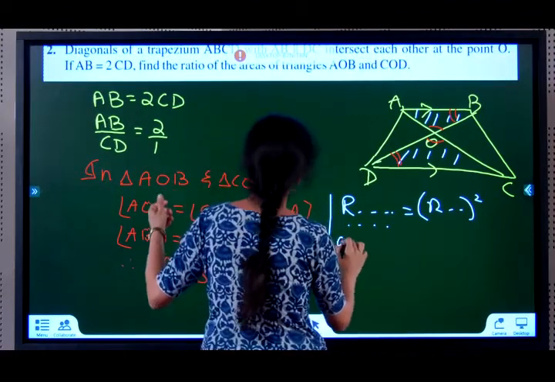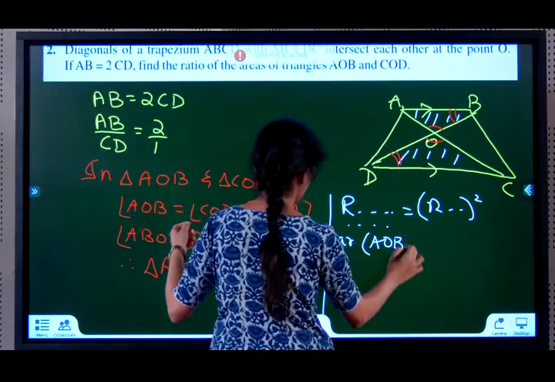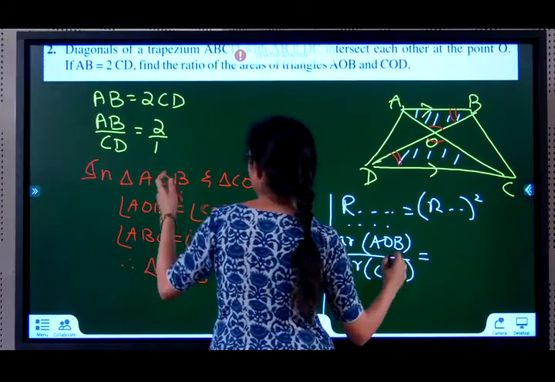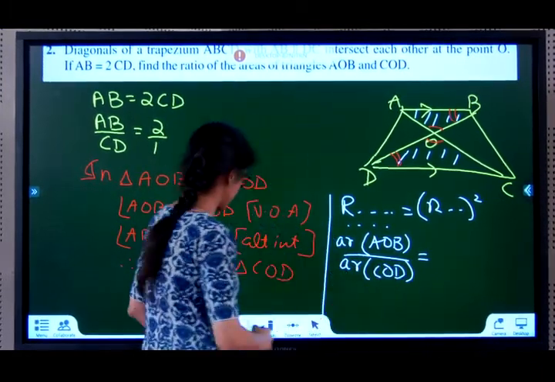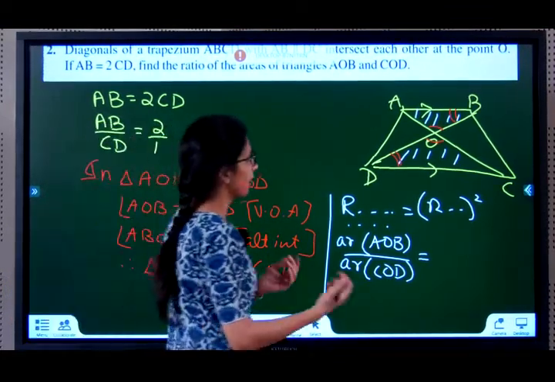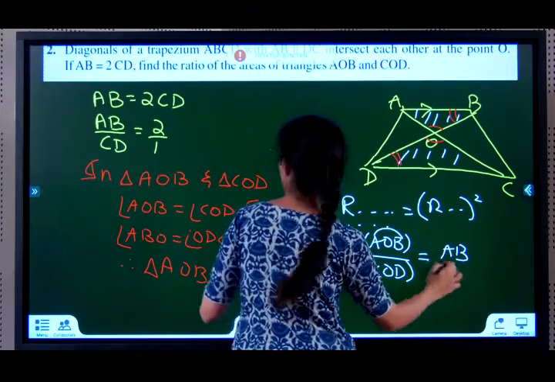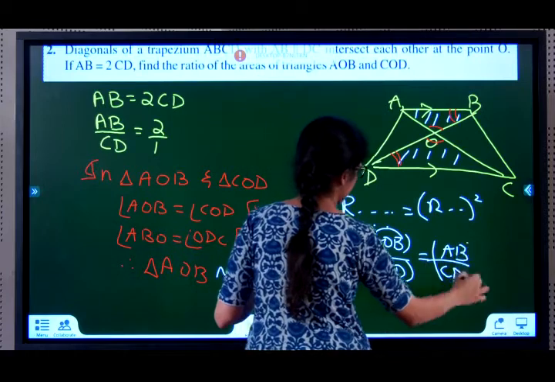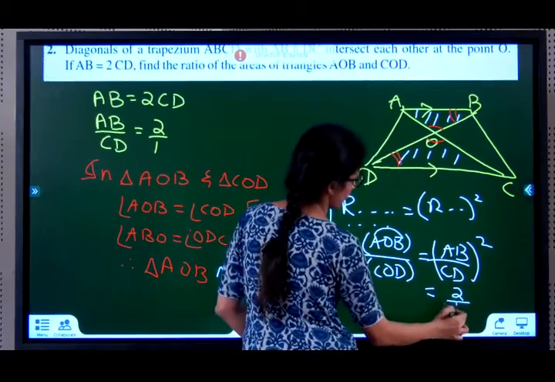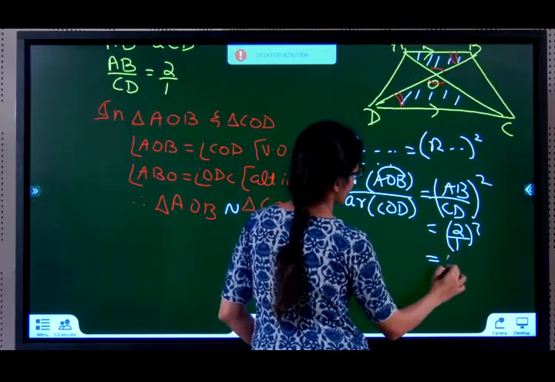Now area of triangle AOB to area of triangle COD, since these triangles are similar, I can use any of their sides squared. Can I use AB? Yes. Can I use CD? Yes. So what is AB by CD? We already know it is 2 by 1 because it's given. So 2 by 1 the whole squared. So your answer is 4:1.